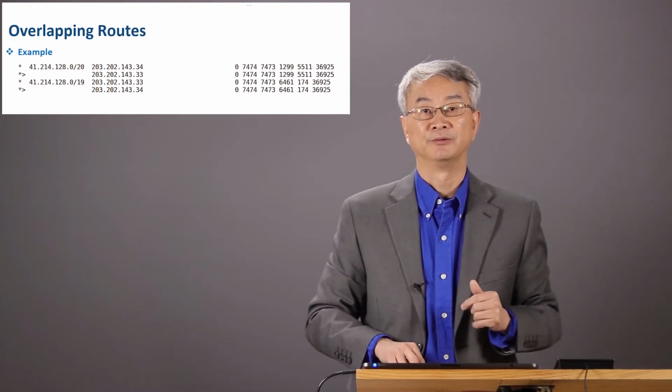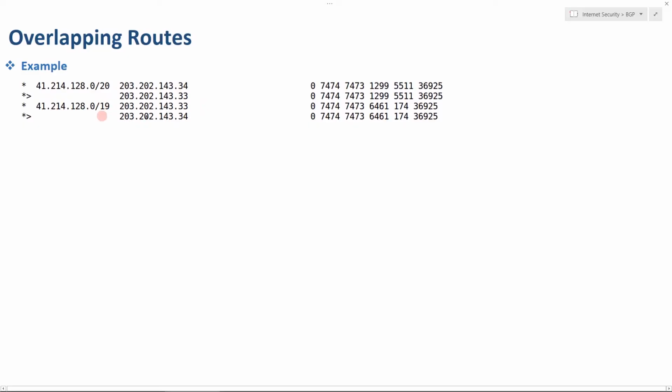Here's an example. This comes from the BGP table in one of our routers. You can see these two network prefixes, /20 and /19. This part is the same. If we convert these to binary, 128 is 1000 0000.